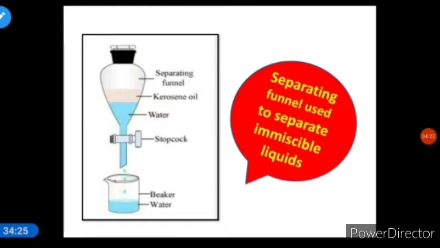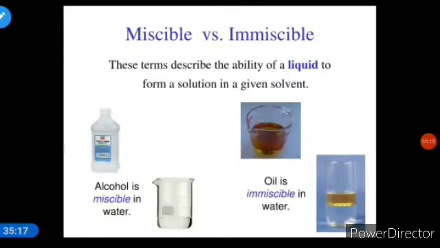We can use this separating funnel to separate the immiscible liquids. Here are a few examples of immiscible and miscible liquids. Alcohol is miscible in water and oil is immiscible in water. You can easily see in the diagram, in the figure.